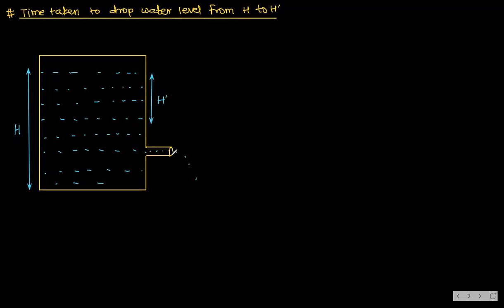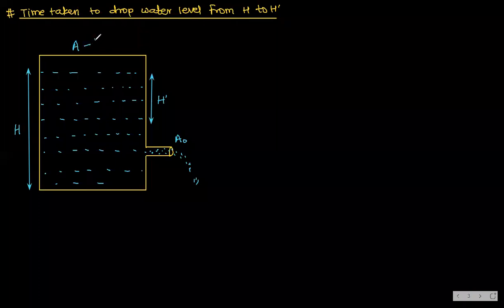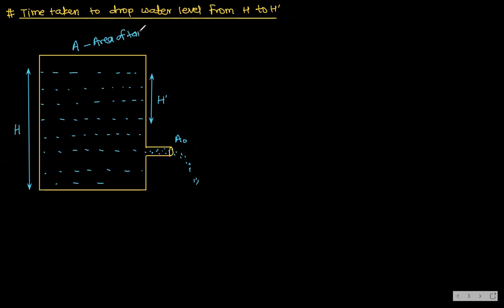Let us assume that the area of cross section of this orifice is a naught, and let us suppose A is the area of tank, and a naught is the area of orifice.